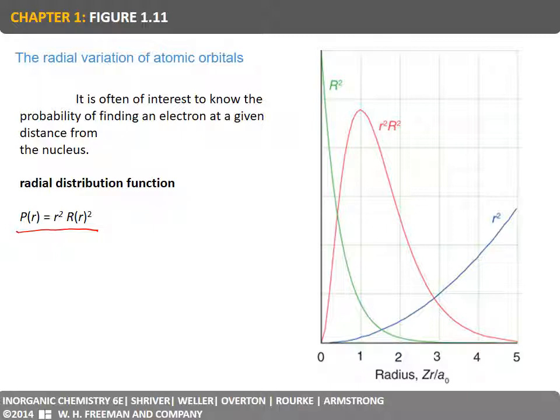Now this is basically, let's say for an s orbital, 4 pi r squared psi squared. Okay, and this is R(r) from previous slides.